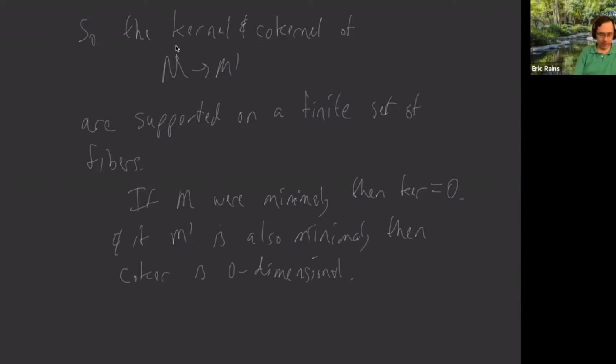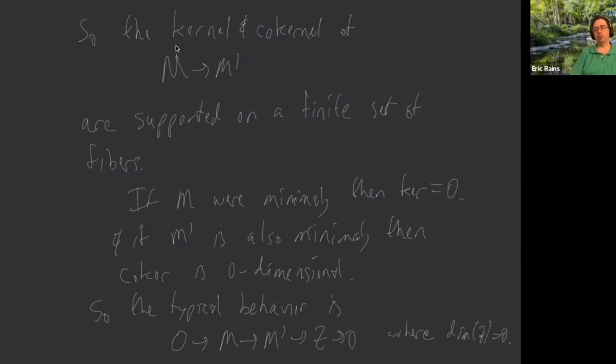And so what we see is that the typical behavior is that we have a short exact sequence where Z is a sheaf with 0-dimensional support. So we get M goes to M prime goes to Z goes to 0.